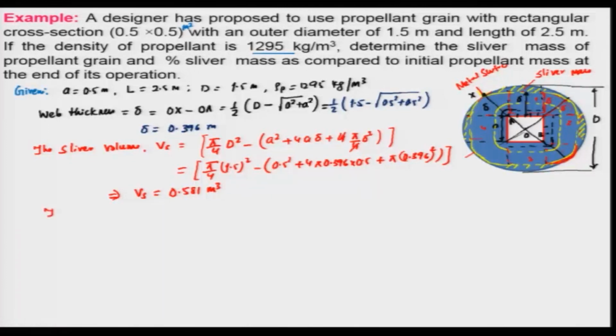So the sliver mass would be rho p into V s, that is 1295 into 0.581, and that will be 752.2 kg.